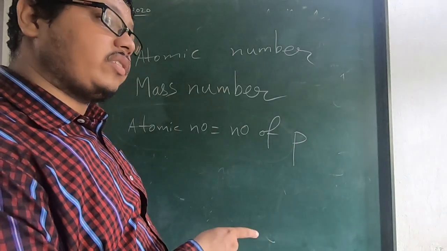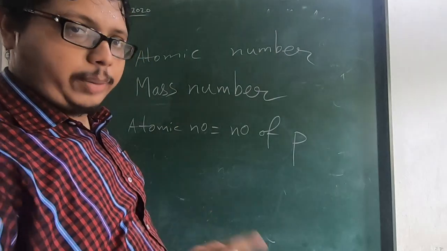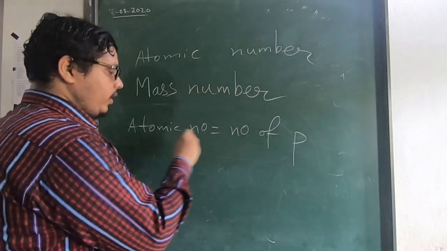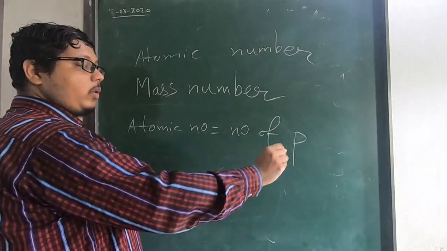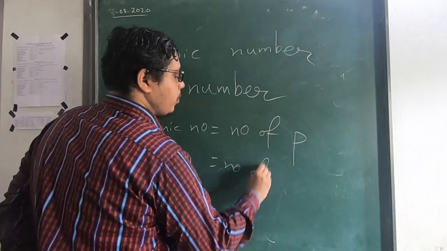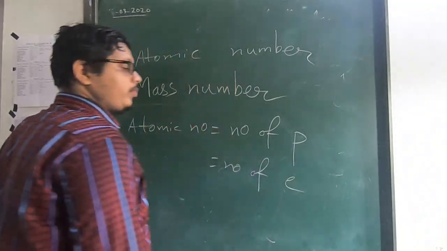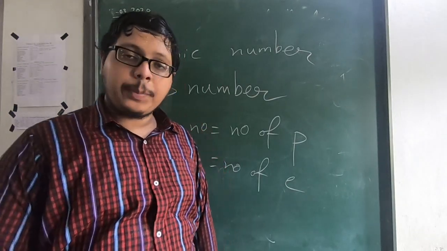But just now we discussed that proton and electron are always the same in number. Is it not? So if atomic number is equal to the number of protons, it is also equal to the number of electrons.